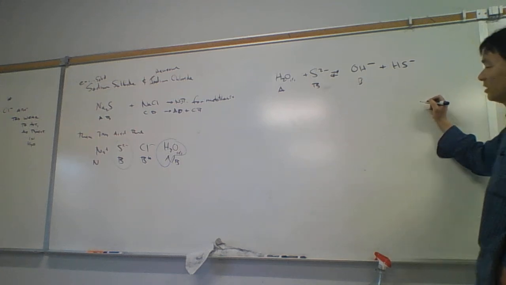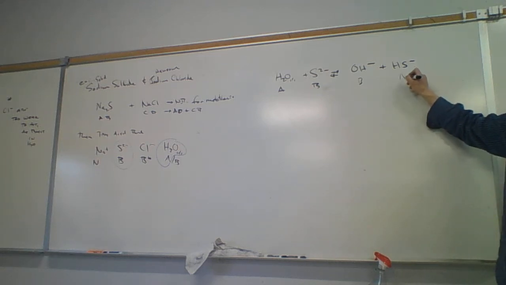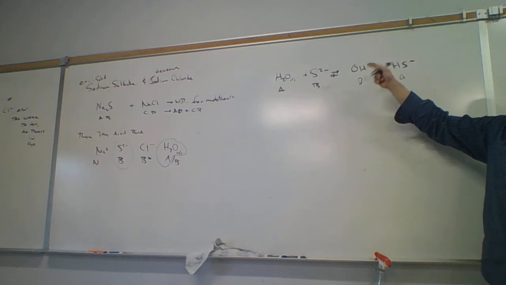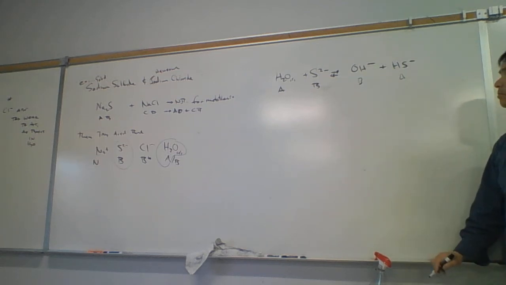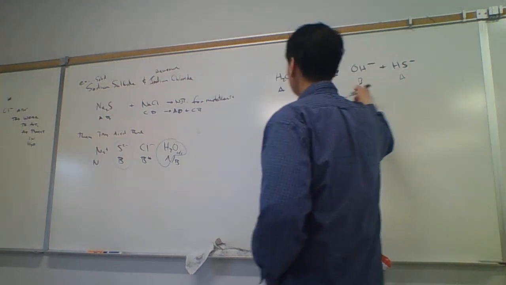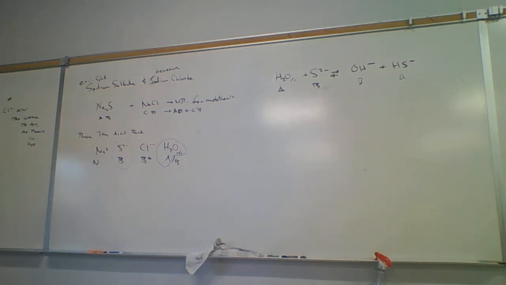Bases are proton acceptors, or they gain protons, or they gain hydrogen ions. Acids lose, so HS minus lost going backwards, OH minus gained going backwards. And so we have to assign the product acid and base if we were to reverse the reaction. Which reaction is going from stronger to weaker?